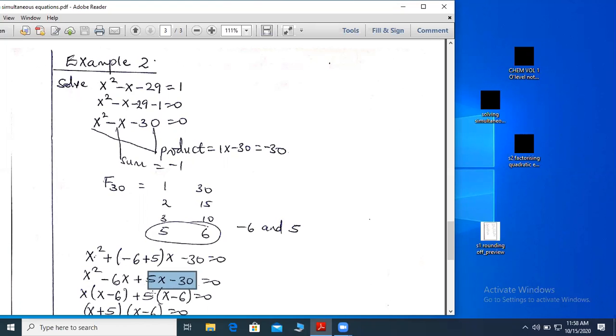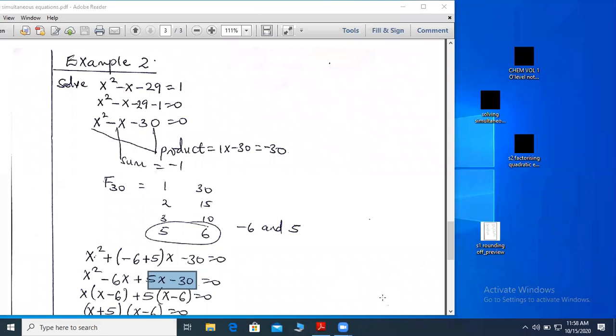So we get 5 into x minus 6. And that gives us x minus 6 becomes common. So we write x minus 6, and here will remain x, here will remain 5. So finally we have x plus 5 into x minus 6 equal to 0.